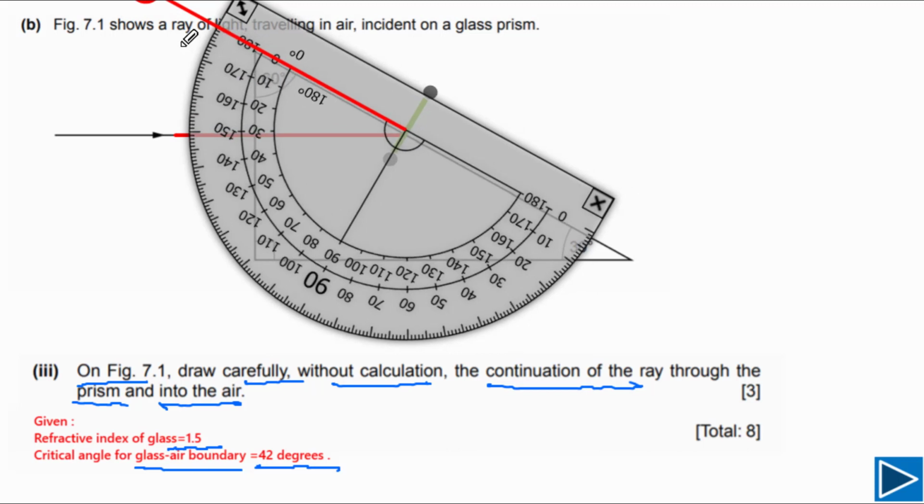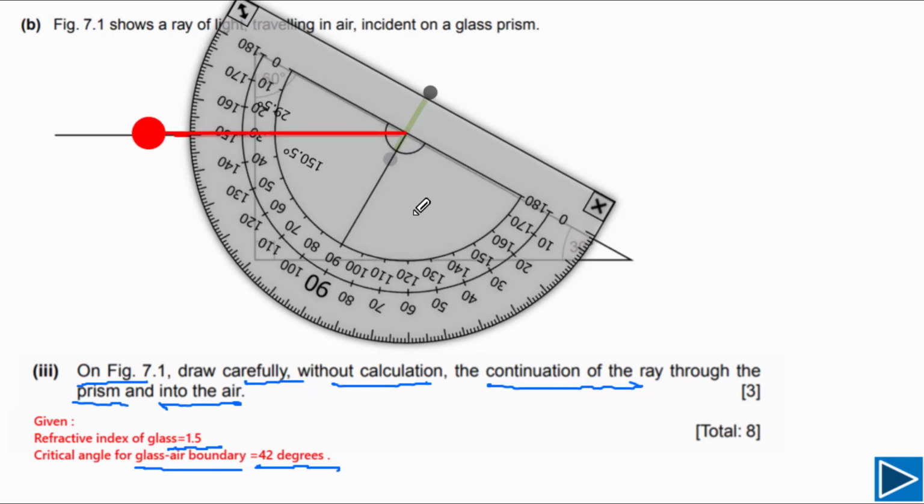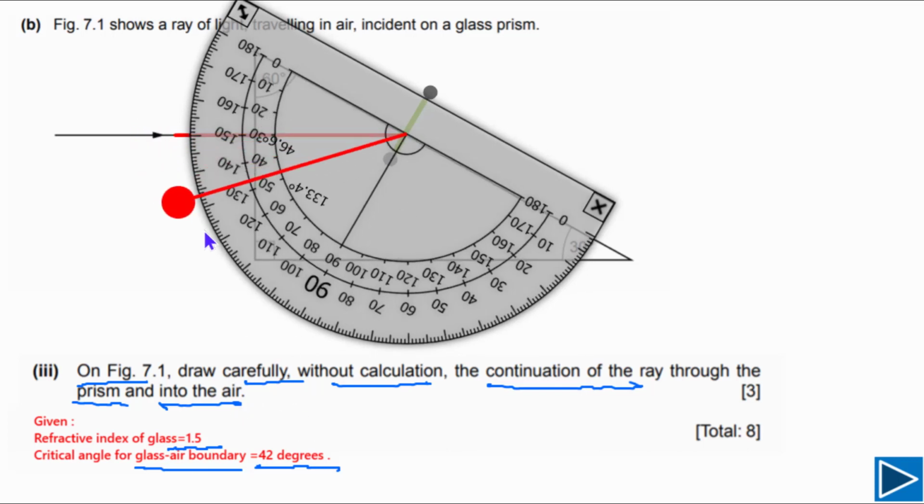If you look at this, the angle of incidence is about 60 degrees. This angle of incidence is 60 degrees, and this is greater than the critical angle. So it simply means that the light will be totally internally reflected.